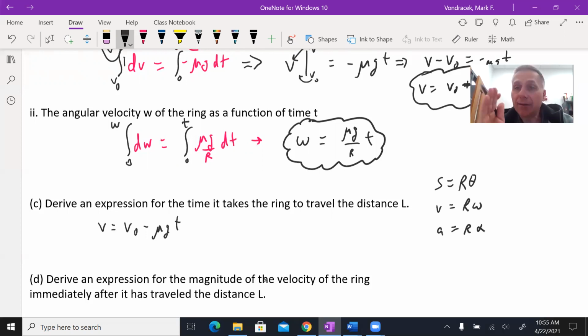Once you travel that total distance L and you start to have no more slipping, your final velocity will obey and follow this rule. Both motions are now in sync with each other. It's moving forward and it's rolling how we're used to seeing it. So I'm going to use that to our advantage. So that v final is v initial minus at.